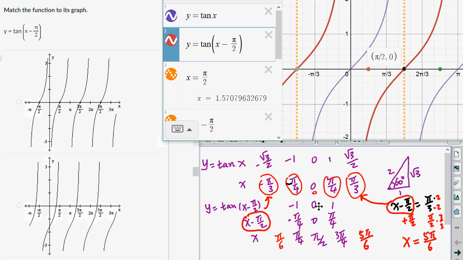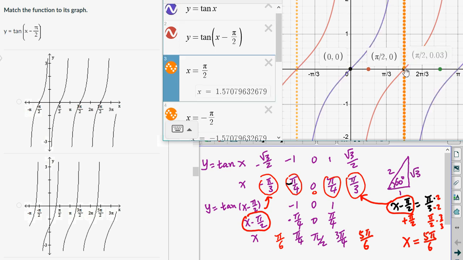And then tangent of x minus pi over 2 is 0. So basically the origin, this point, shifts to here. That's why we say x minus pi over 2, for this picture, is shifted. This is the origin shifted to pi over 2 right here. So the graph is actually shifted from this place to this place.